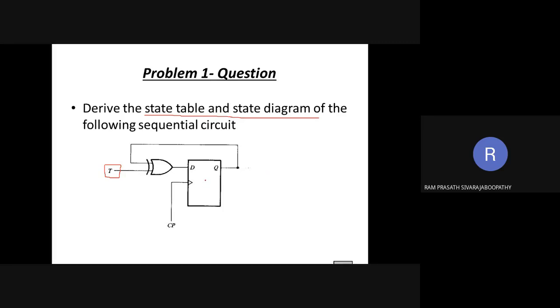So flip flop ஒண்ணே ஒண்ணு யூஸ் பண்ணிருக்கோம். இந்த flip flop ஓட output இருக்கு இல்லையா Q, இத தான் நான் present state அப்படின்னு சொல்றேன். Then input என்ன சொல்லிருக்கோம்?